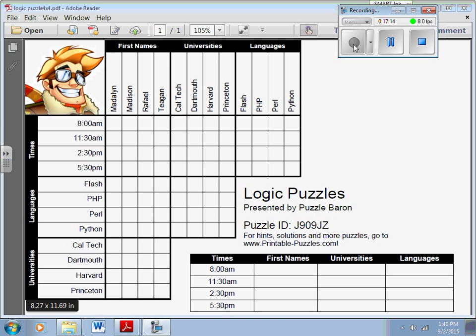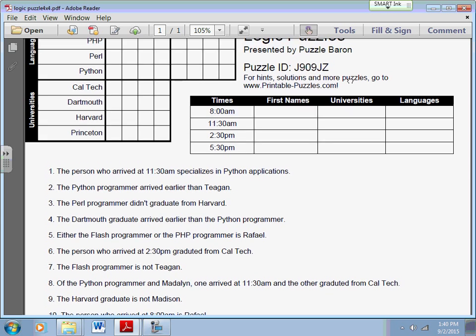Now we're going to start it off together, but you guys are going to finish the logic puzzle. And at the very end of the logic puzzle, you guys are going to have to be able to tell me the first name, what university that person went to, and what computer program that person used, from just the clues on the bottom down here.